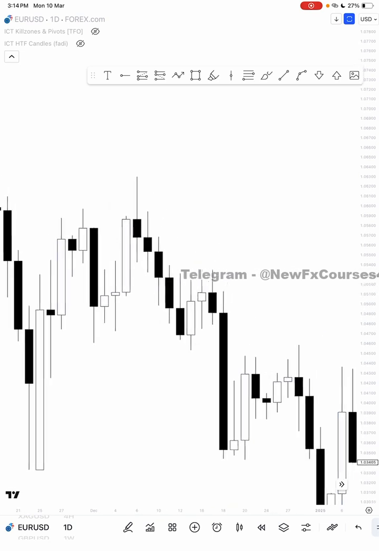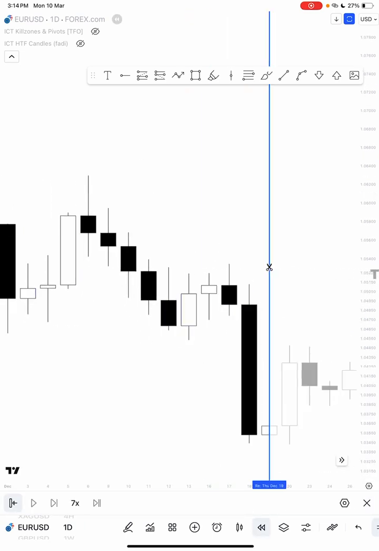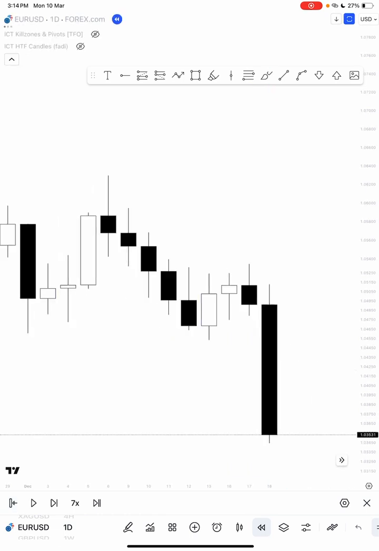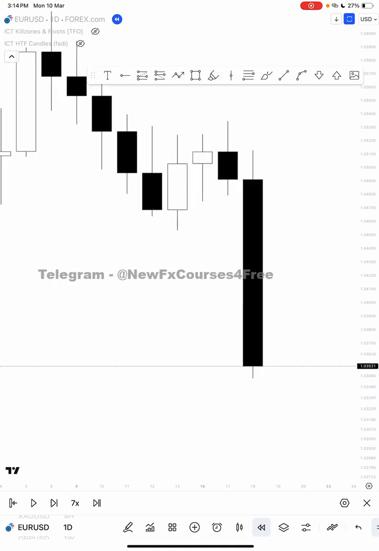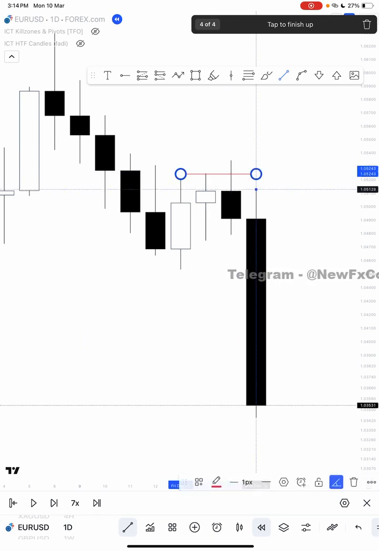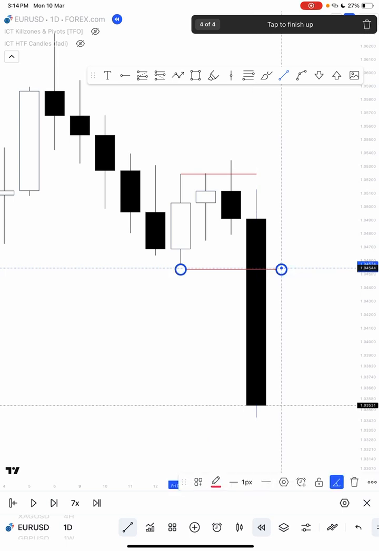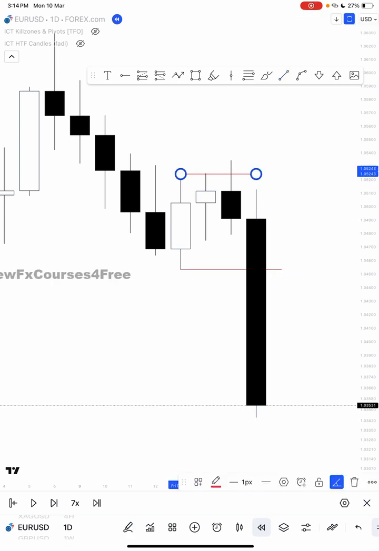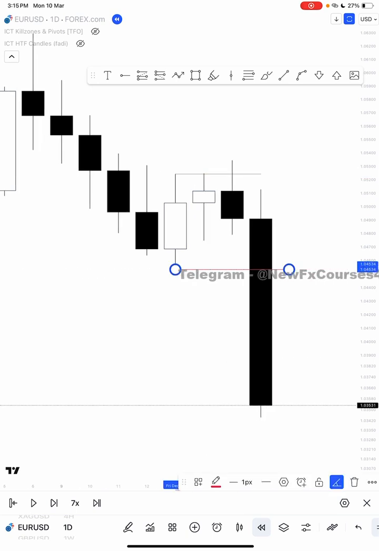So here on EURUSD, we got our mother and children candle pattern. So mark out your range and wait for the market to take one side of the range and look for a clear indicator that the market will actually want to go lower.